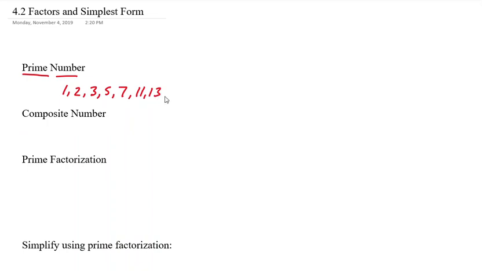We can keep on going, but the prime numbers are numbers that are divisible by 1 and itself. And that's it. 1 and itself.